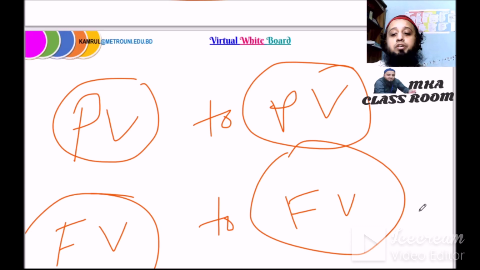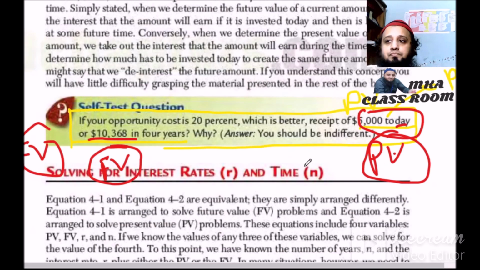So, actually we cannot compare these two values. We cannot make any decision in this situation.